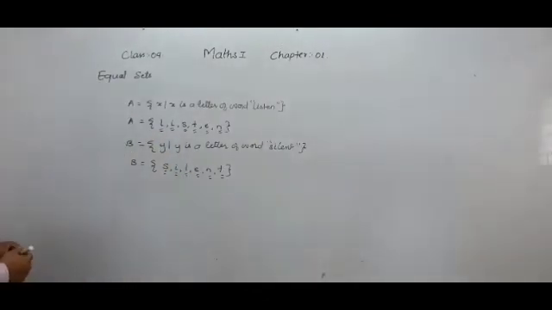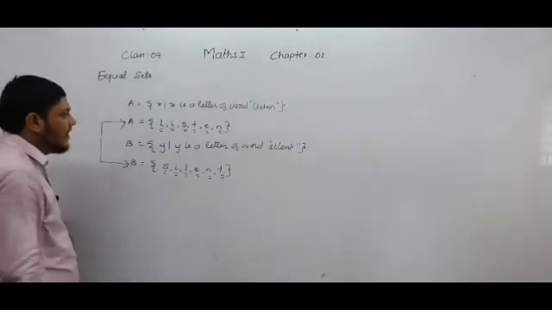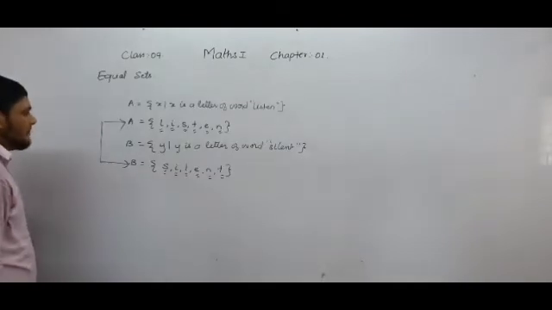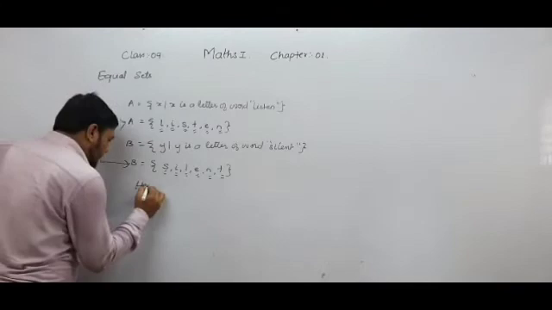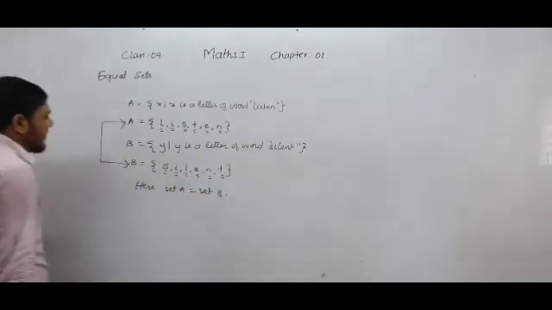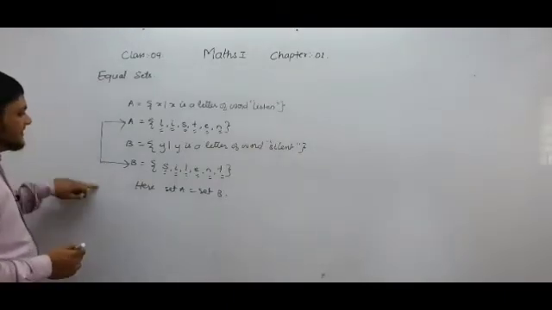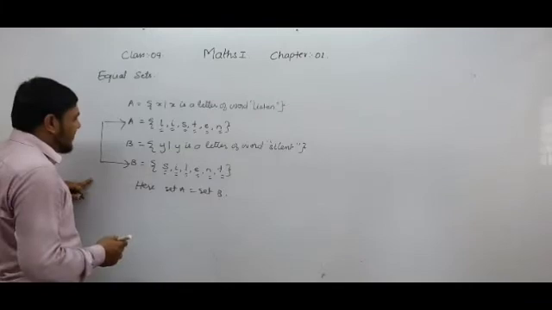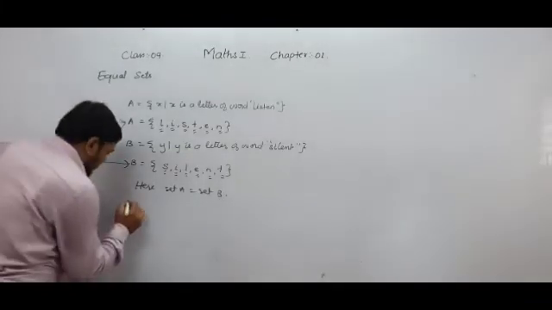So if this condition happens, means if the elements of both the sets are identical or same, then these types of sets are called equal sets. So student, here set A is equal to set B. Why? Because all the elements of set A are in set B and all the elements of set B are in set A. So we can consider the definition.